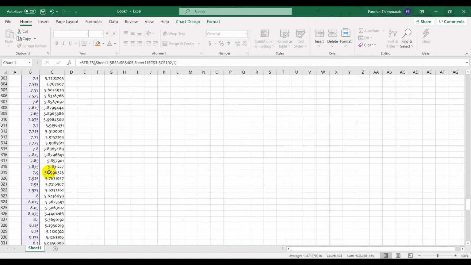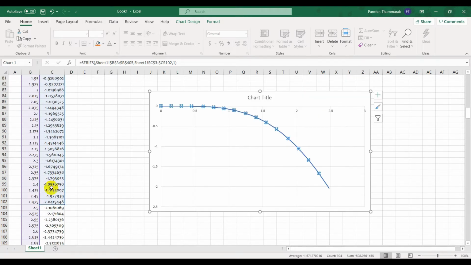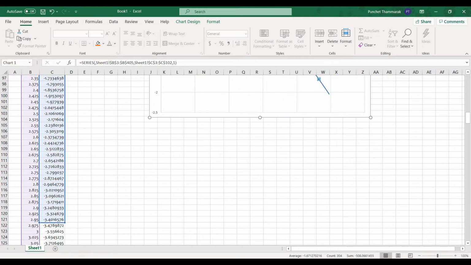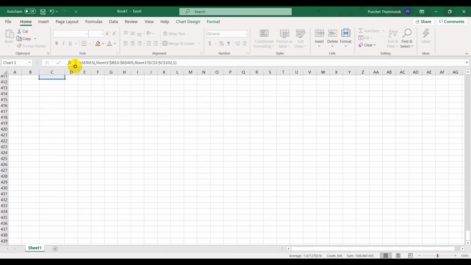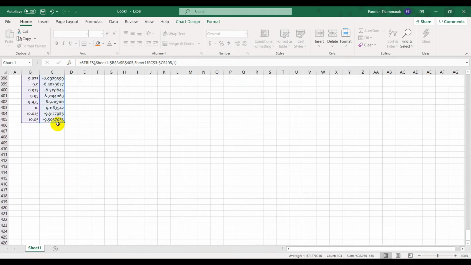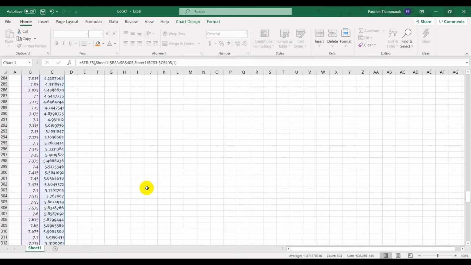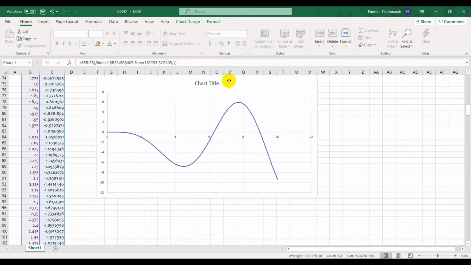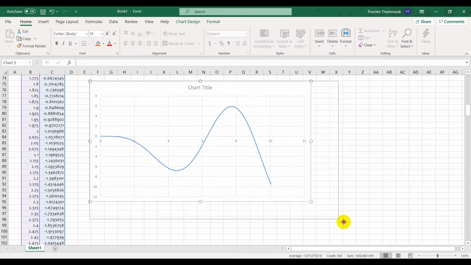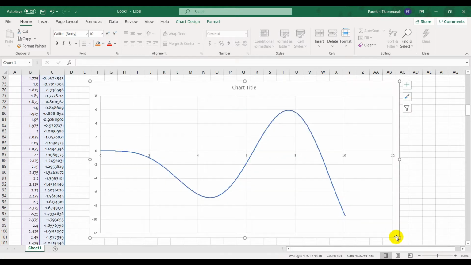Is there any hotkey to do this? I think Control D might work, but oh, still? Oh no, it reversed already somewhere. Okay, so you can see this graph here.